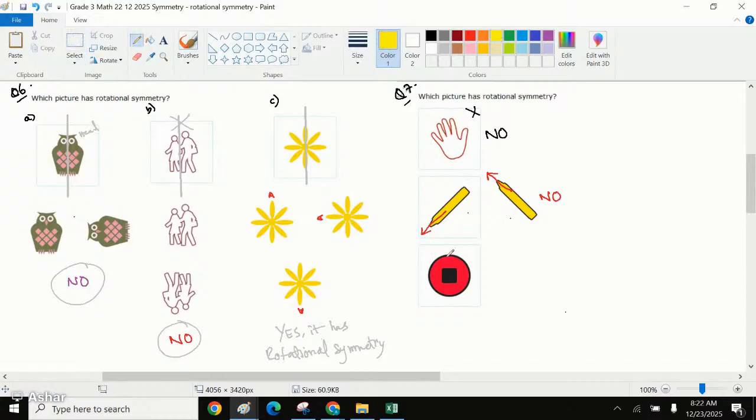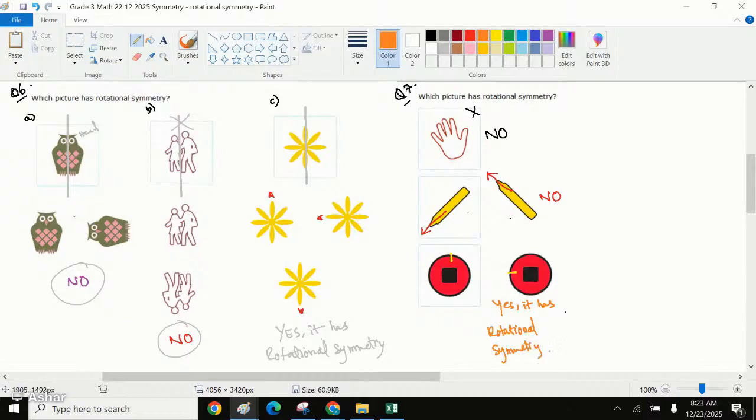Even if we copy this and rotate this, irrespective of the marking that I made, the shape still looks the same. That means option C has rotational symmetry. Yes, it has rotational symmetry.